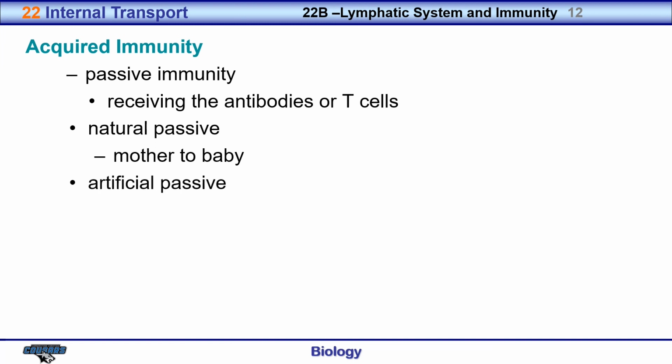Okay, and then we have artificial passive immunity. This is where the blood of the organism that has the immunity is used to make a serum, and then this serum is injected into a person, and it gives them only a few months, but maybe that's time where the dangerous nature of a particular disease kind of dies down and there's fewer and fewer people that are infected by that.